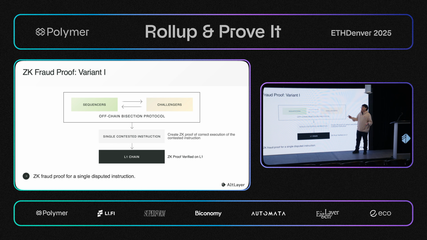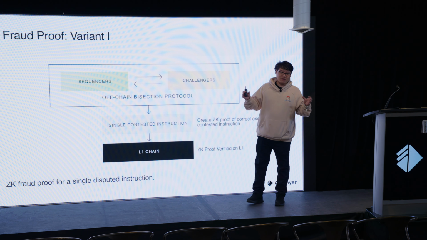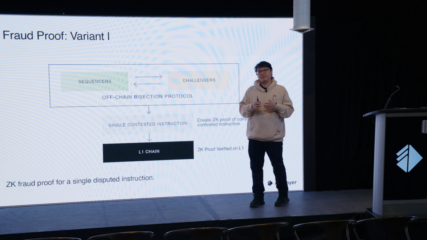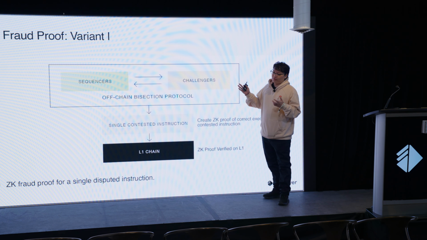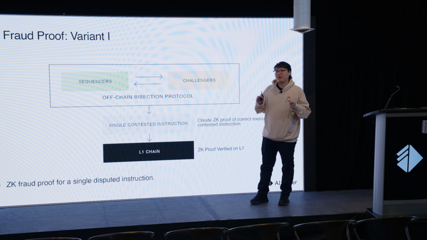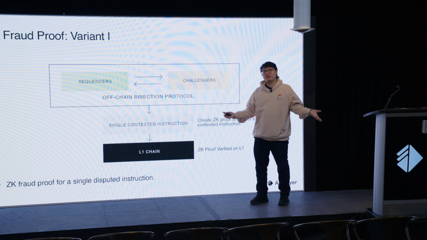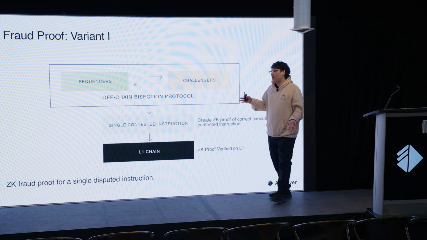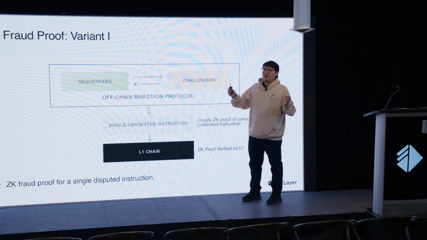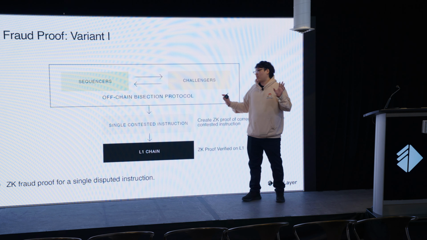One is, as you can see, the first variant. Basically, we still do the bisection protocol during the challenge period. So if there's something wrong, if there are challengers and challenge transactions and we start the bisection protocol, we can basically identify the instruction level.